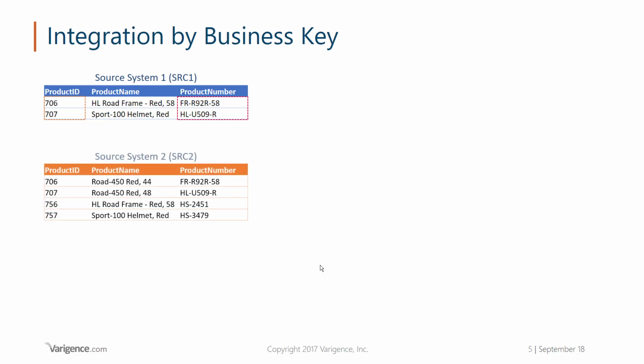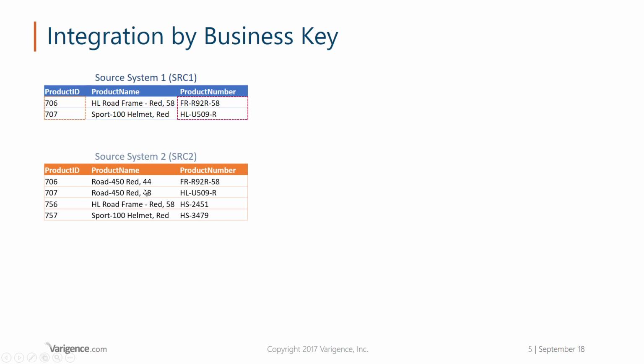But let's bring in a second source system that has the same product ID. As you can see here, the product number is the same, but the product is actually not the same. The product ID is the same, but again, it's not the same product here. So you have a mix of product IDs and combinations.